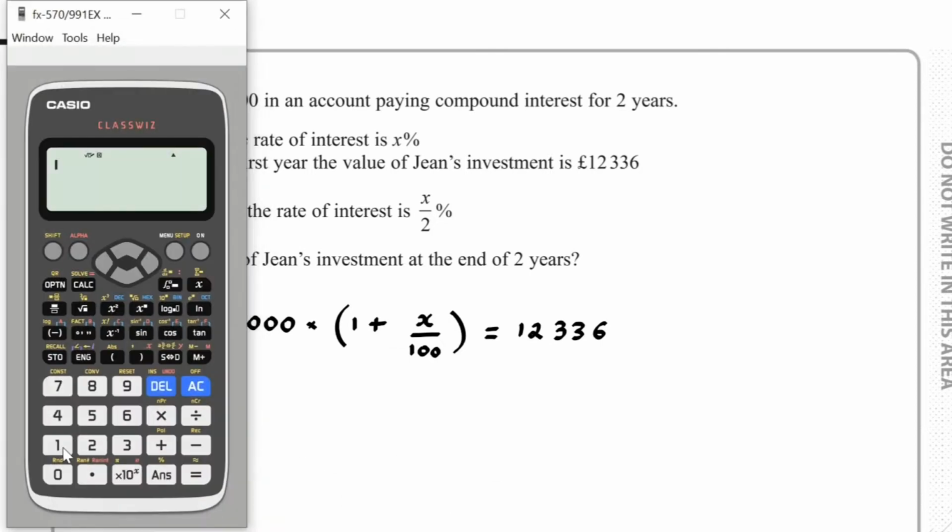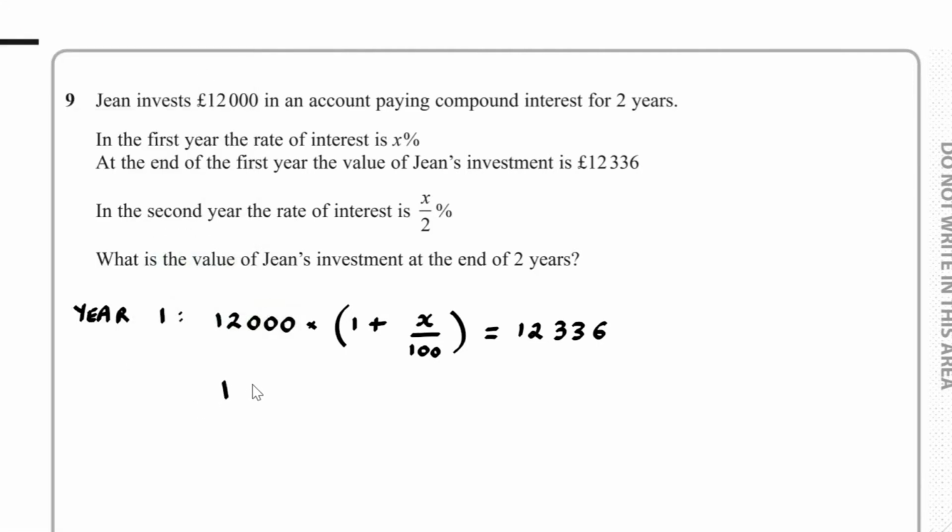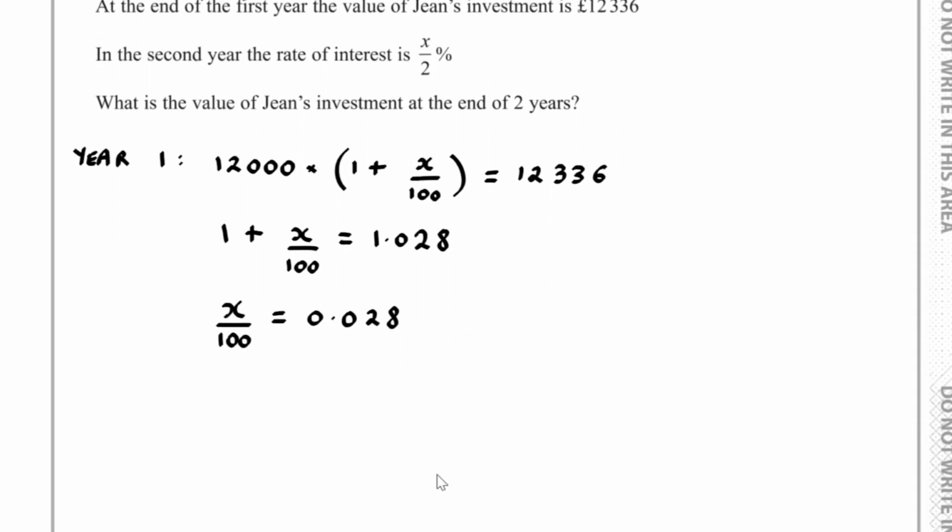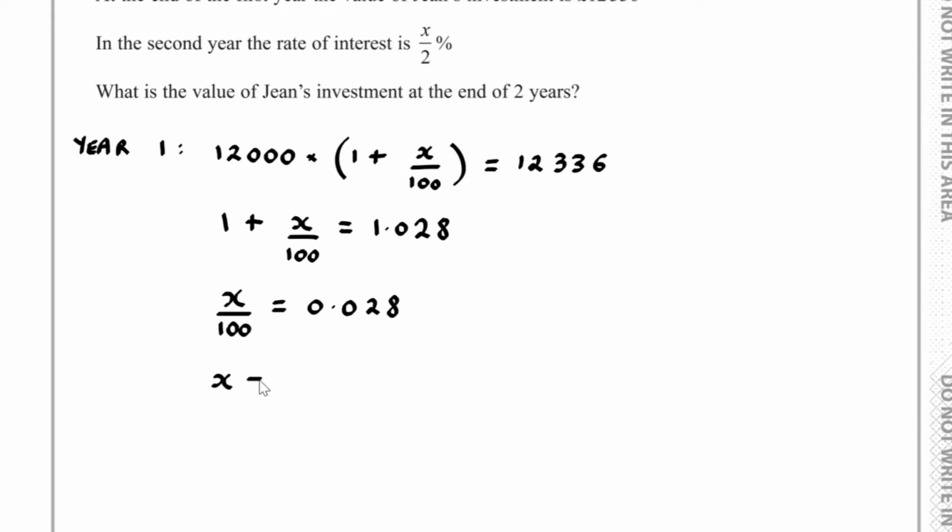Now, if I do 12,336 divided by 12,000, I get 1.028. So 1 plus X over 100 is equal to 1.028. So X over 100 is equal to 0.028, and if I multiply by 100, that would mean X is equal to 2.8. So that is what the rate of interest is in the first year.